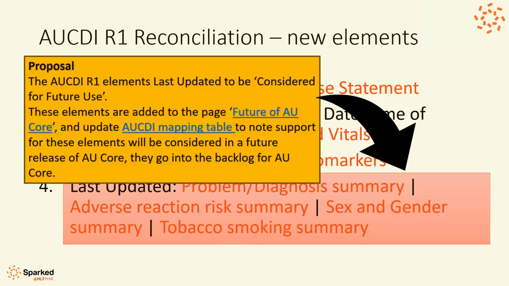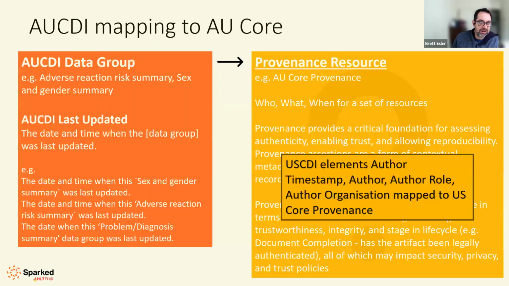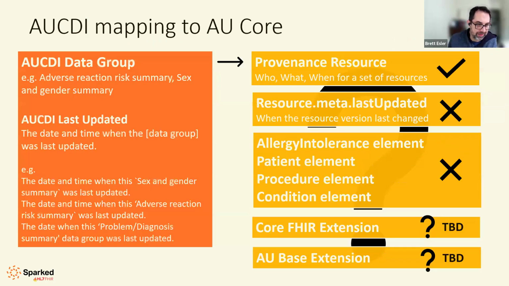Brett? So noting our previous discussions, for these items that we're talking about, with allergy intolerance and condition and sex and gender, there's no real natural place for this kind of concept to live in the current FHIR elements.